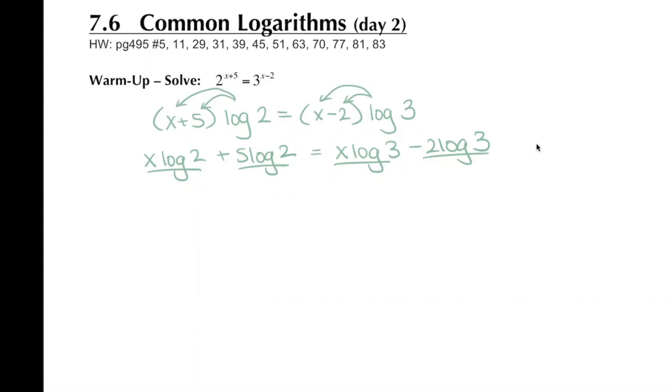So how do we do that? Minus x log 3 on both sides. Good. Yes. Minus x log 3 to both sides. And minus 5 log 2 on both sides. Perfect. Nicely done, David.